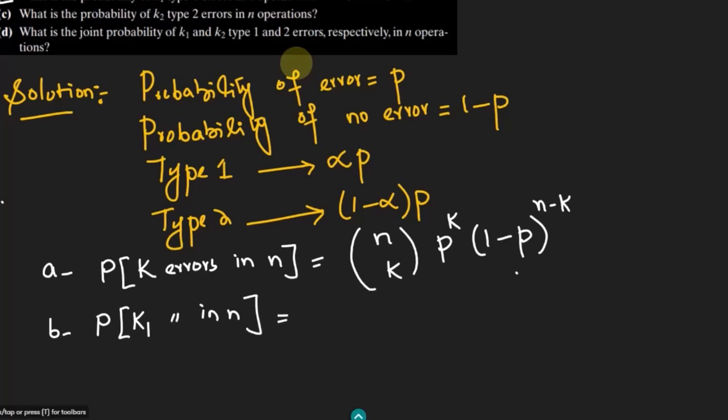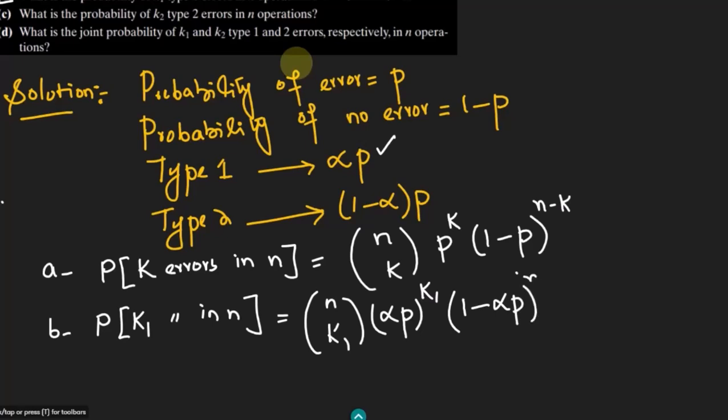Here we have the total number of operations equal to n, while the trials we have is k1, and the probability of a type 1 error is alpha p, with the power k1, and the probability that we don't have a type 1 error is 1 minus alpha p, with the power n minus k1.